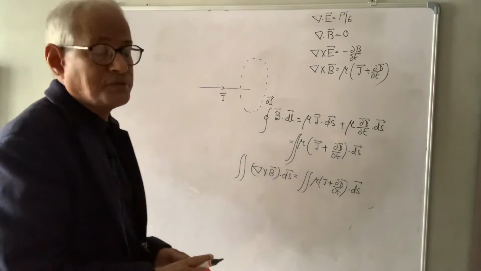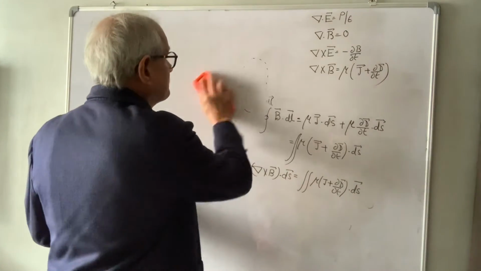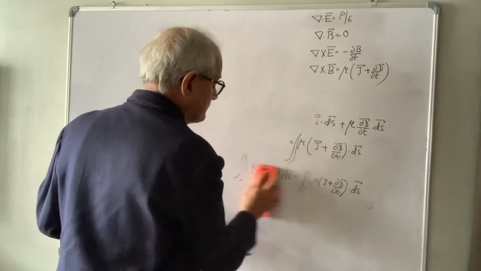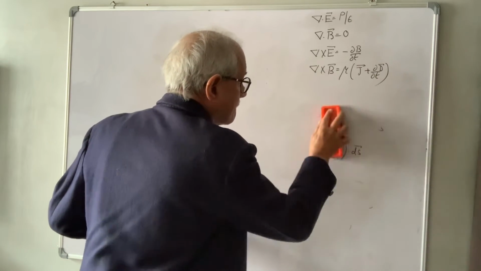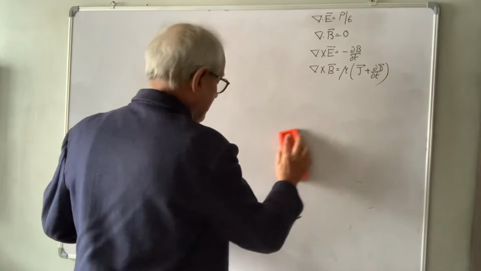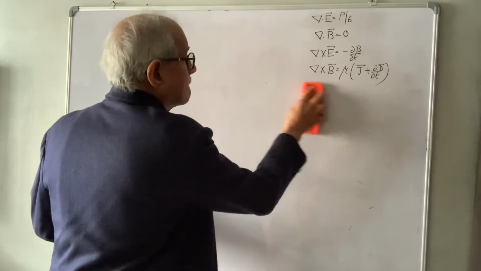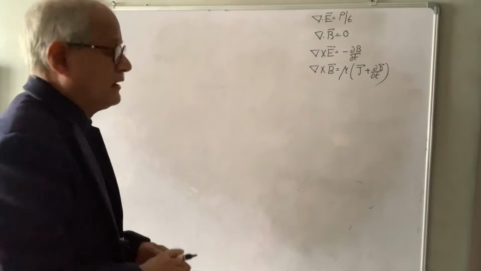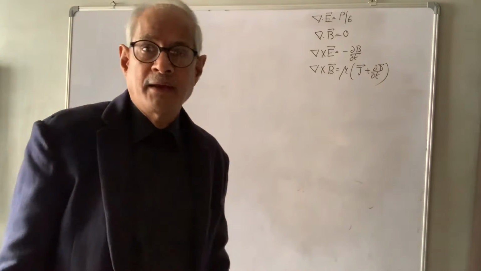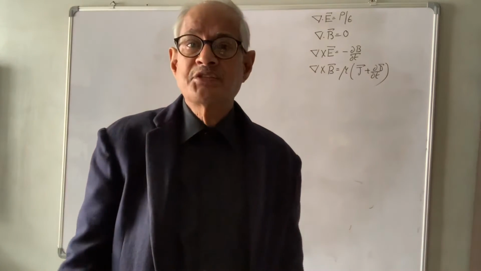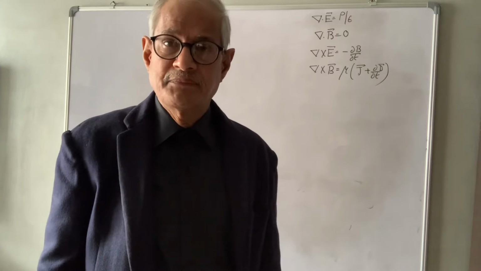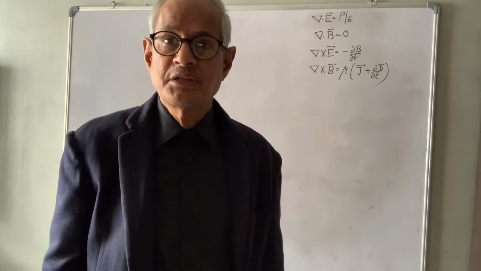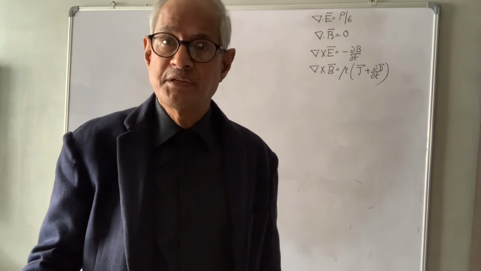These are the four equations. In this connection, we can note that when there is a steady current, a steady magnetic field will be created. But when the current is changing, the magnetic field also will be changing.